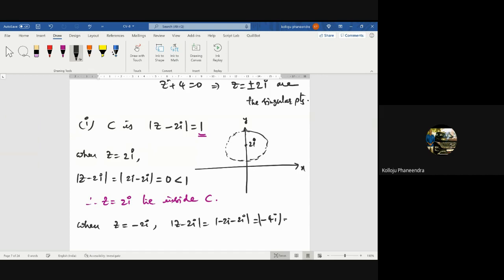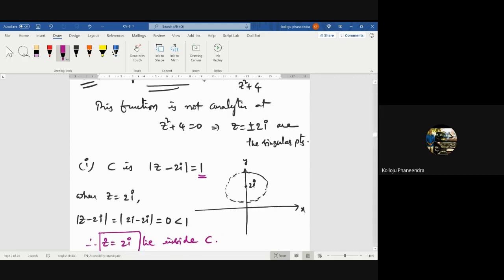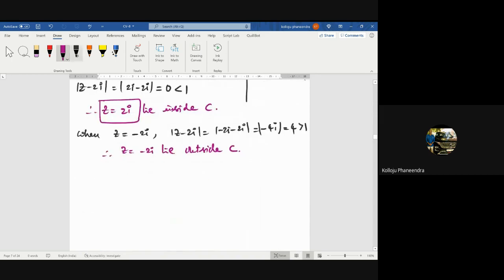Mod minus 4i means 4, which is greater than 1. Therefore z equal to minus 2i lies outside the circle C. So only one point is inside: z equal to 2i lies inside the circle.